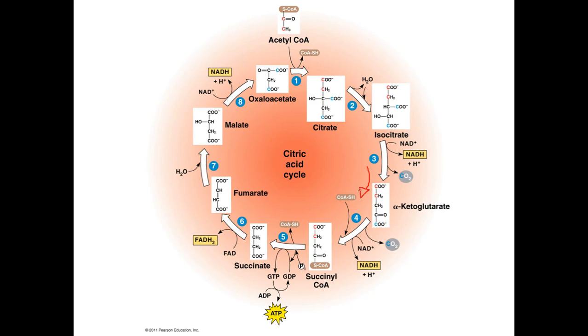But what you would be expected to be able to do is to read through this and say, okay, right here at step 3, isocitrate is getting turned into alpha-ketoglutarate. You probably wouldn't have to pronounce that. And that process is taking NAD+ and reducing it to NADH, which is also making CO2 as a byproduct. That was a good voice crack captured on audio for you. So you might have to read some of these steps, or it could say what's happening in step 5 here. So you'd have to end up saying, well, during step 5, ATP is actually being made.